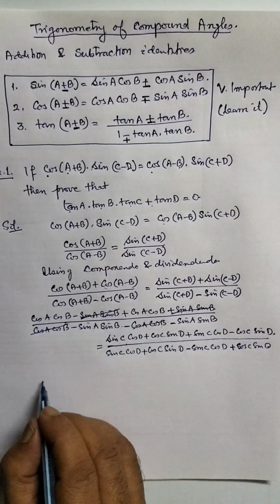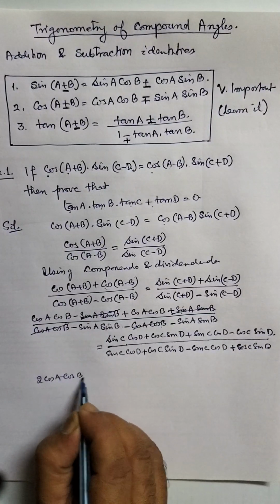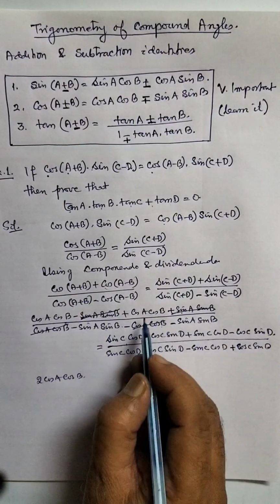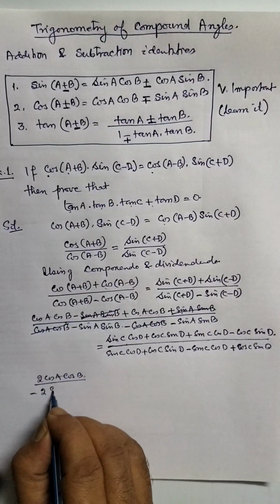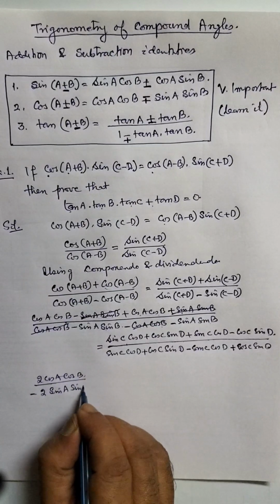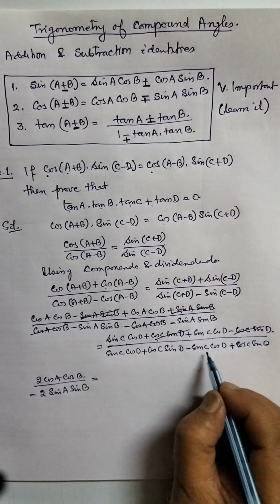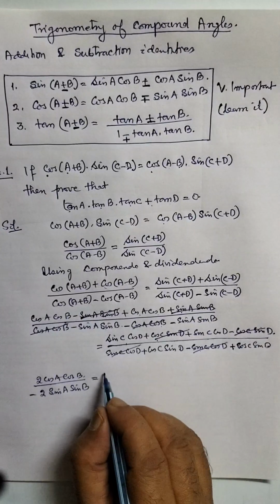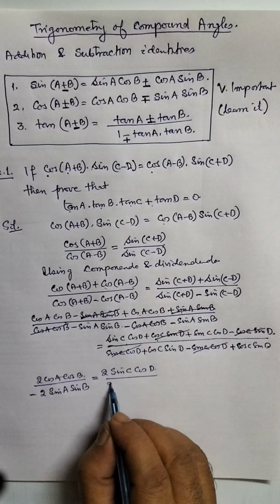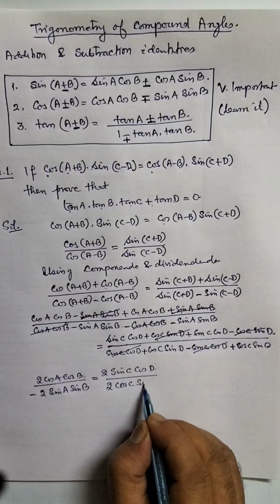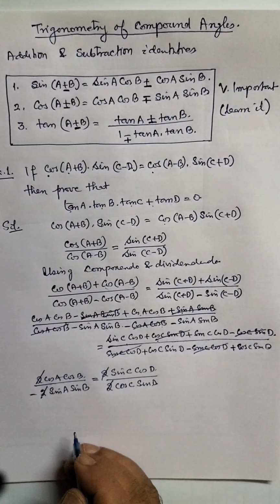You are left with twice cos A cos B in the numerator upon minus twice sin A sin B, and this side, you are left with 2 sin C cos D upon 2 cos C sin D. Cancel out these 2's.